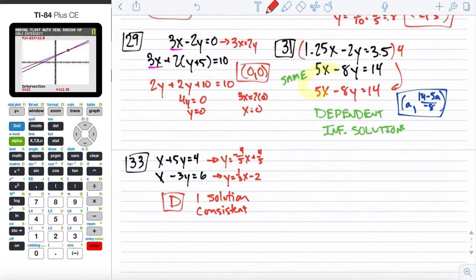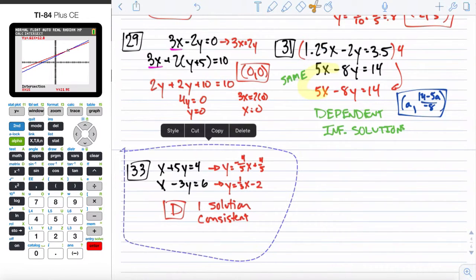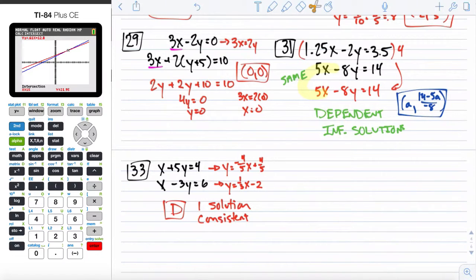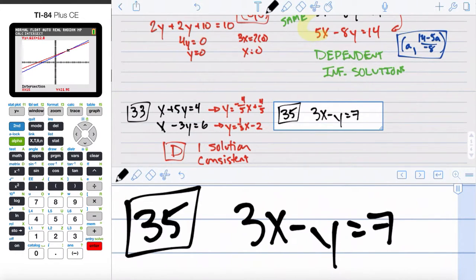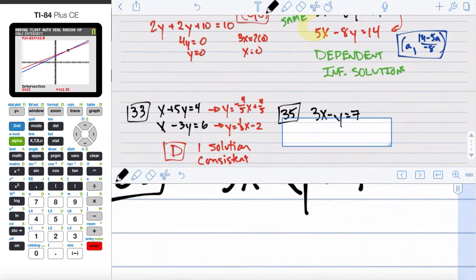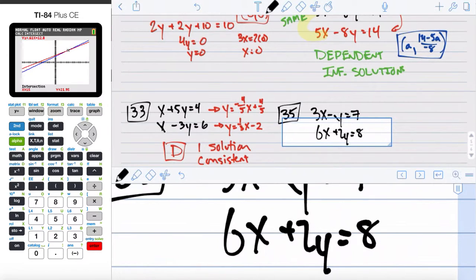Looking at 35. 35 says 3x minus y equals 7, and 6x plus 2y is equal to 8.